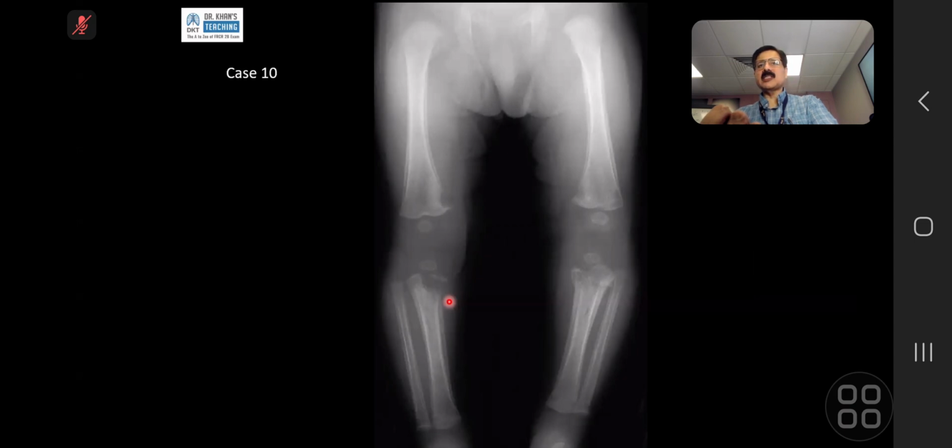So this is the case which I showed you. If we go back into details, we can see erosions at the medial metaphysis of both tibiae, bilateral. There might be some lucency, that metaphyseal band type of finding. Further erosions at the medial metaphysis of the femora bilaterally, and an incompletely visualized metaphyseal band.